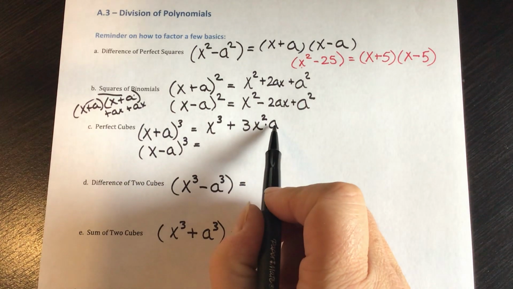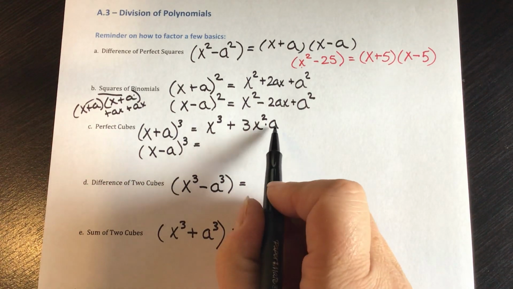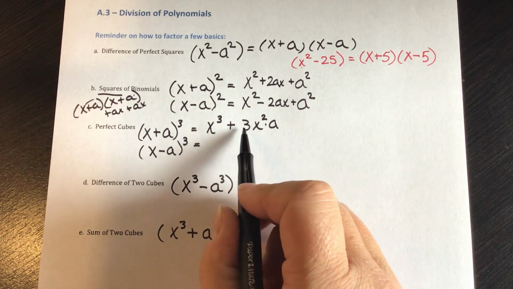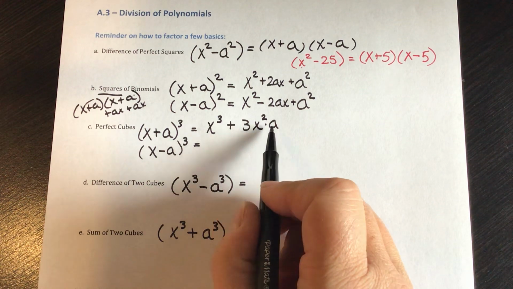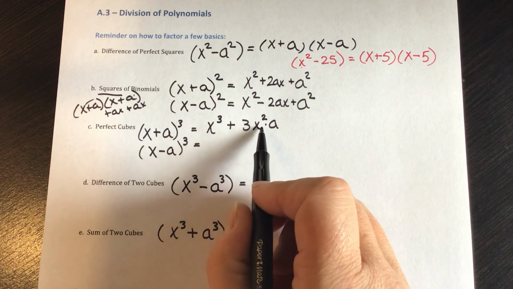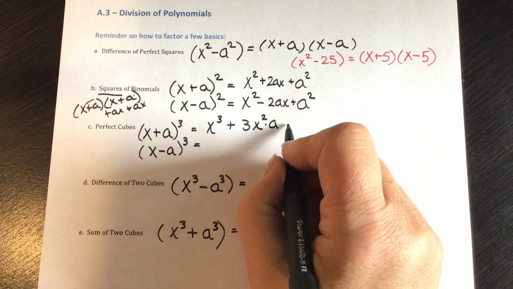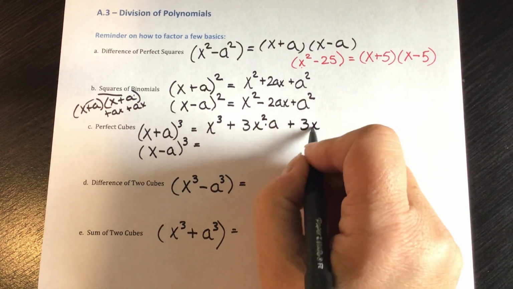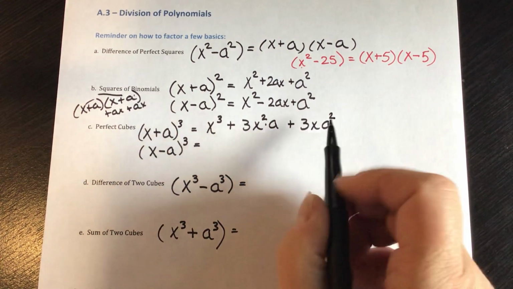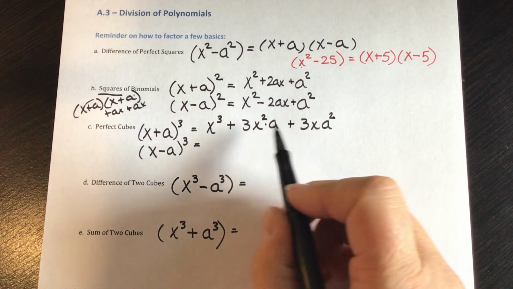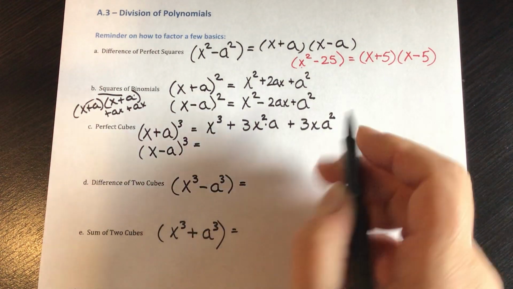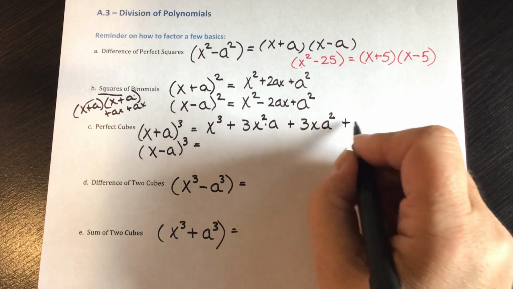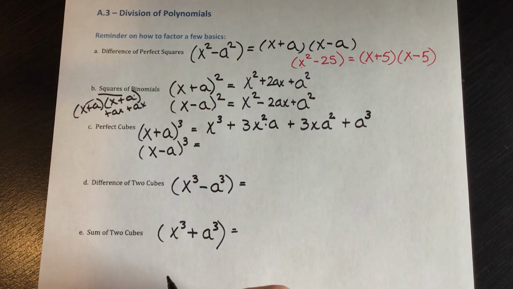Now this is most likely a number, so we would have to multiply that by 3, and then we would have our coefficient times x squared, and then we're going to have 3x times a squared, and a squared would be a number, whatever this is, and then times 3, and then plus a to the third power.